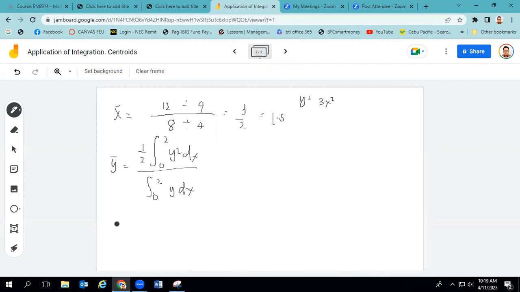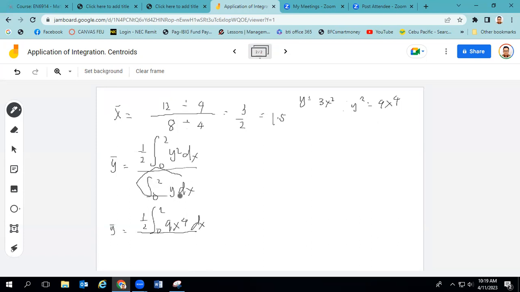So we can substitute. We have y bar, we have here 1/2, 0 to 2, y squared. Y squared is 9x to the power 4, right? 3 squared is 9, x squared to the power of 2 is x to the power 4. 9x fourth dx.